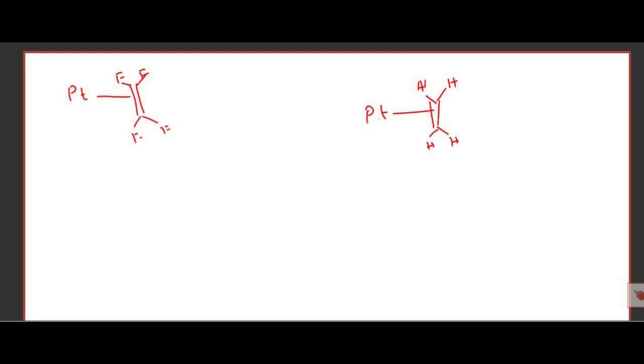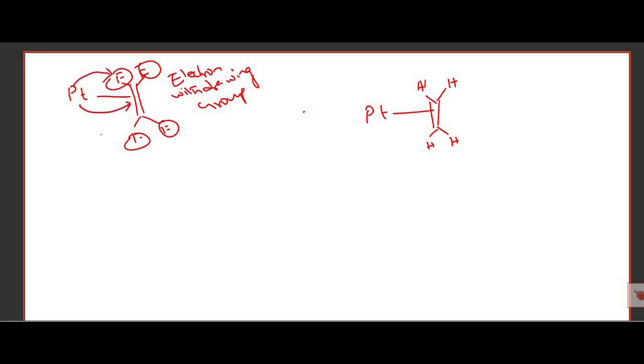They are asking. Here you see the fluorine. The 4 fluorine atoms are an electron withdrawing group, which withdraws electrons from platinum, which shows more p pi d pi back bonding.